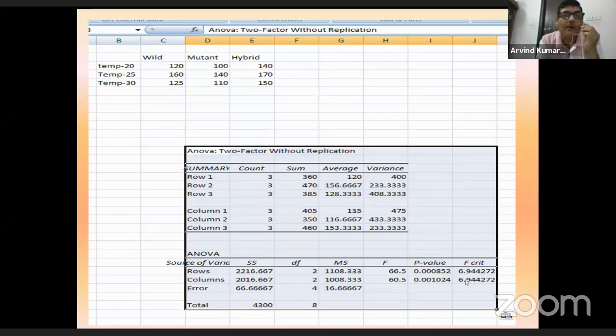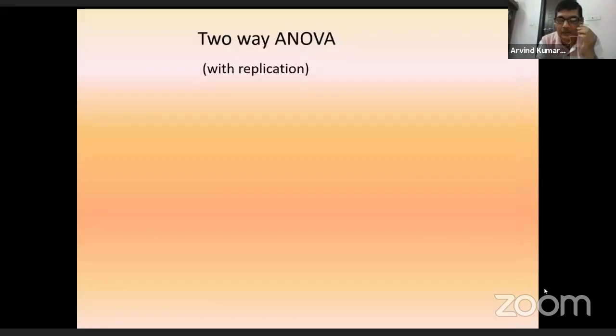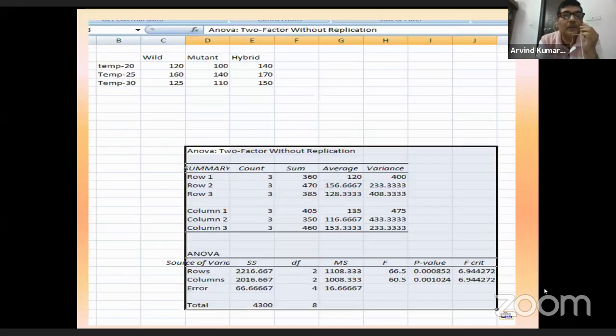Likewise, for the columns, wild type, mutant and hybrid, you find there is also a significant difference because your calculated value is very much higher than the table value.